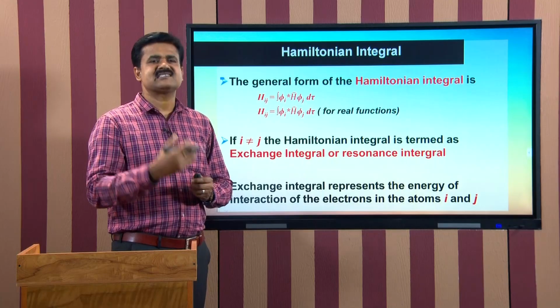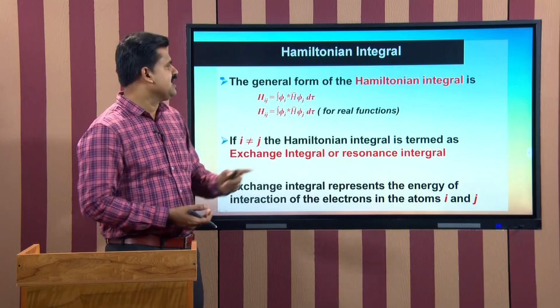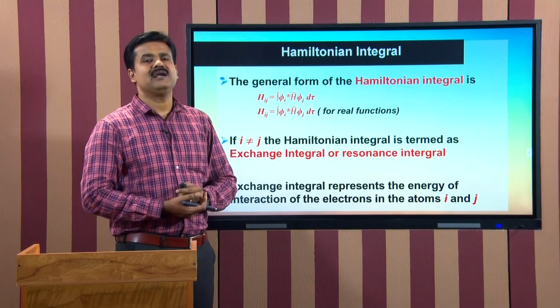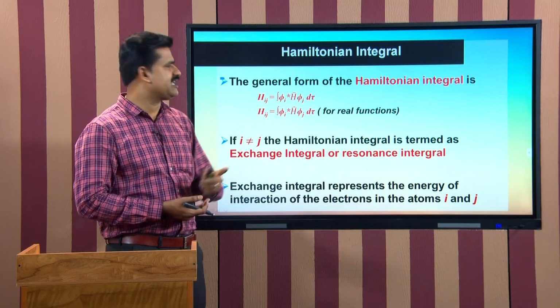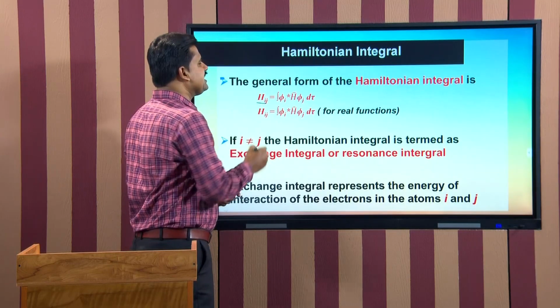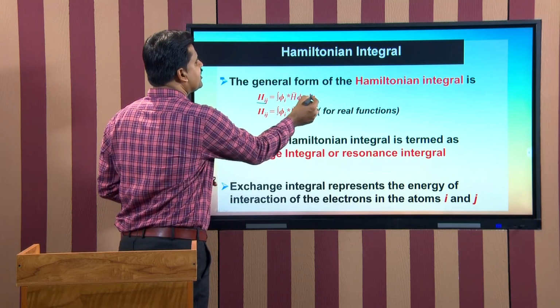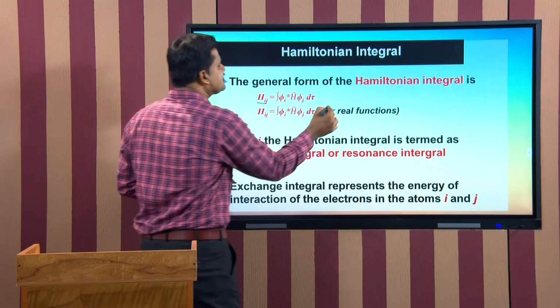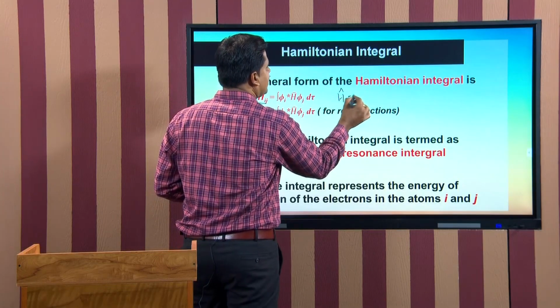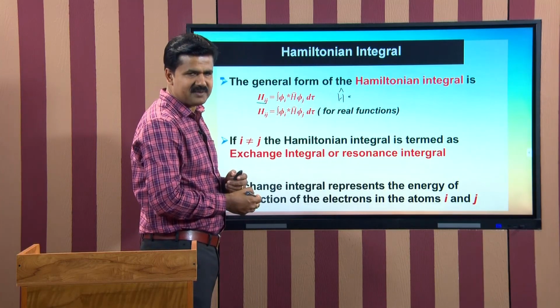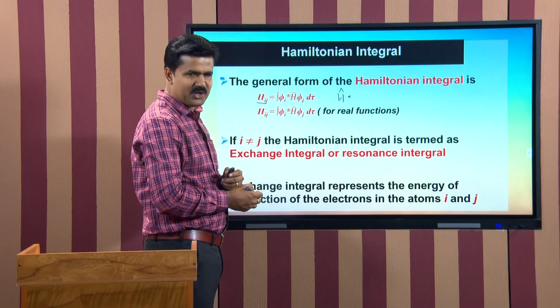Then what is the Hamiltonian integral? The general form is shown here. Hij is equal to integral phi I star h hat phi j d tau, and this h hat is called the Hamiltonian operator that we learned in previous modules.